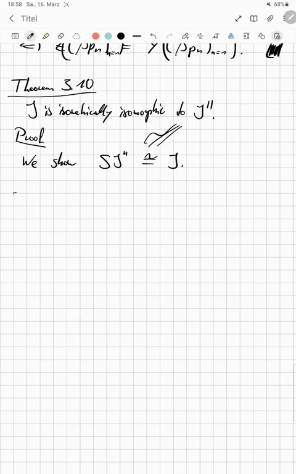And for that we will define omega to be the following map from S_J'' to J, and we map alpha_n to the following sequence. The first index will be the negative of the limit of alpha_n. The second will be alpha_1 minus the limit of alpha_n.